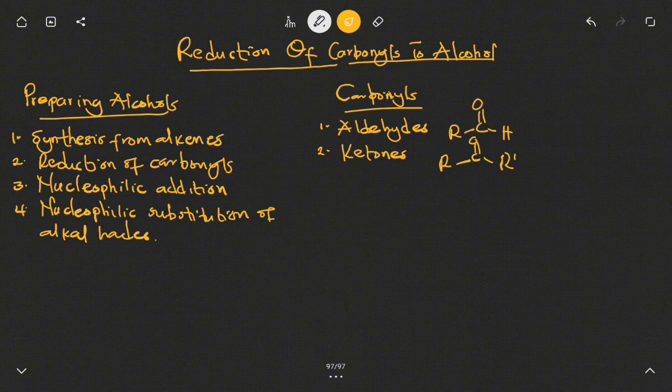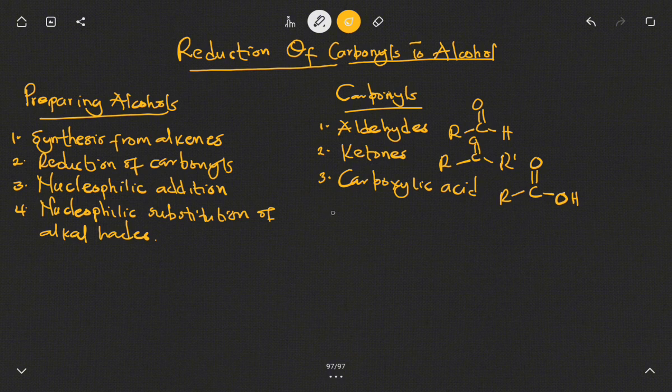Alright, and then we also have carboxylic acid. Now they have the R group bonded to carbon, which is doubly bonded to oxygen, and we have OH. So that is carboxylic acid.